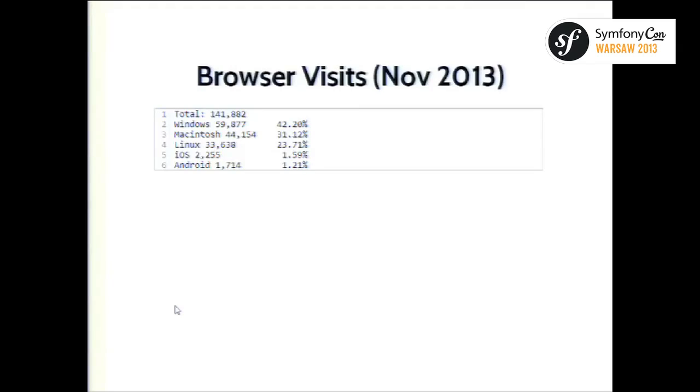Linux is more than 20%, and the rest is sharing the rest. I think this is pretty interesting, and it's also a good reminder that every platform exists and is used by a lot of people. So for multi-platform stuff, don't do just a script that works on your machine.